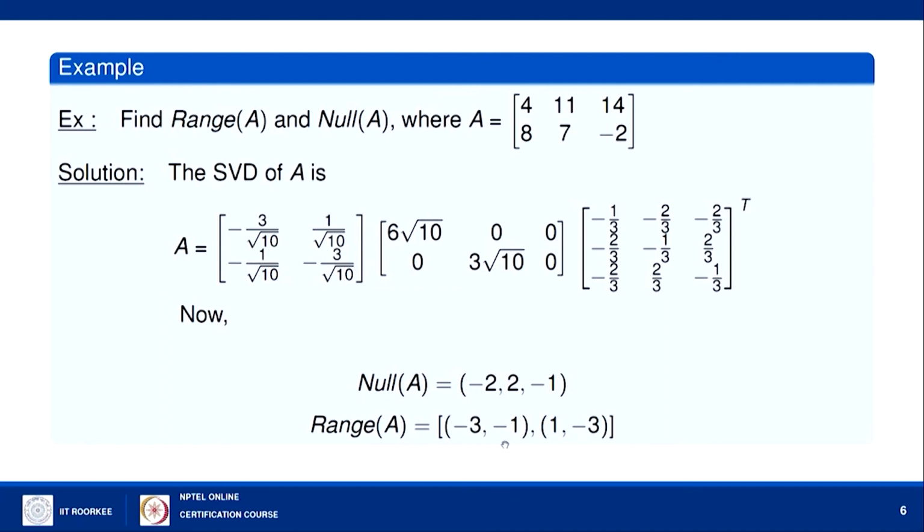These two vectors in R2 are linearly independent and they form the range space of the matrix A.